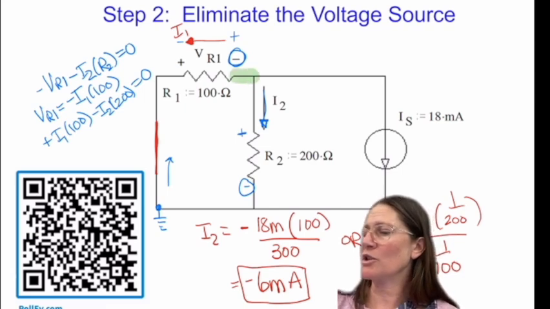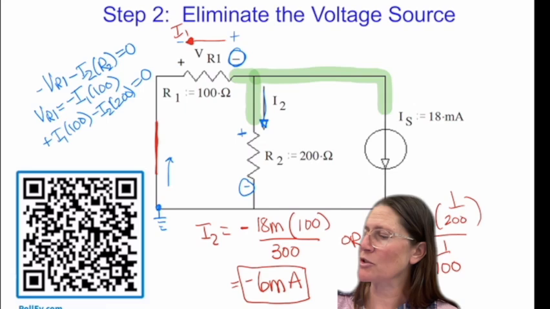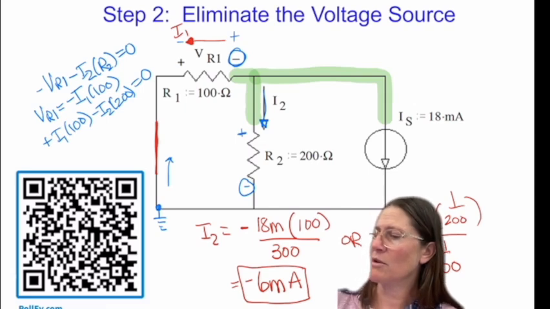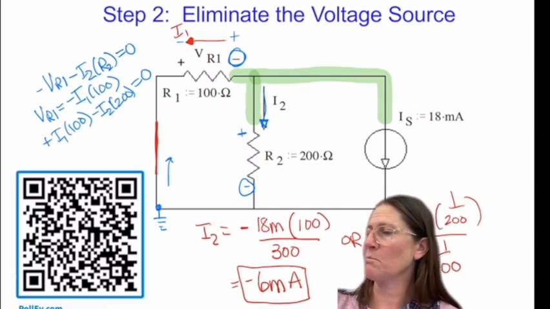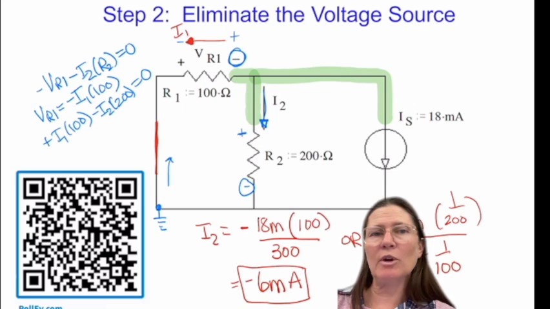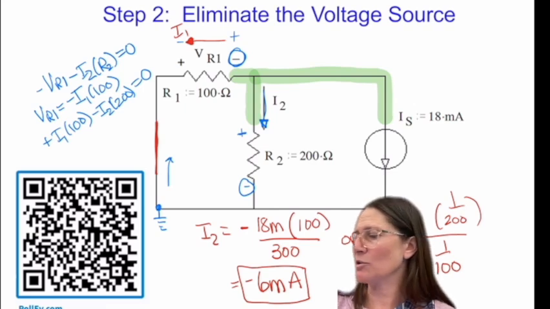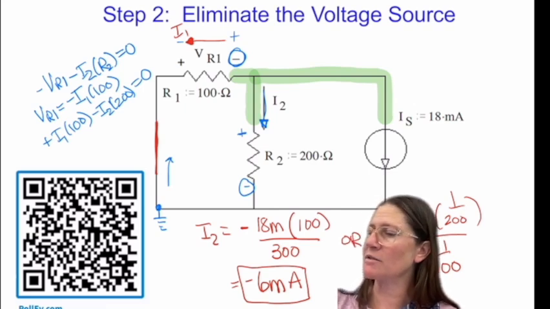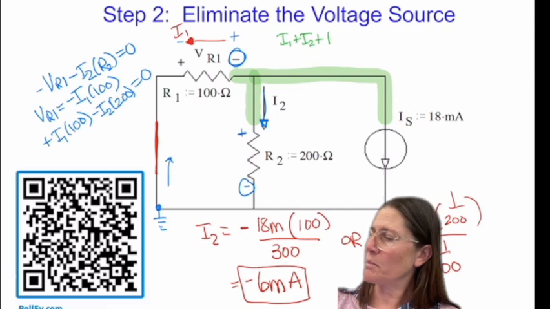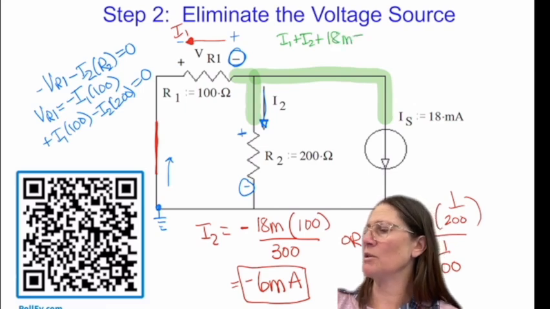The other equation I can get by a current summation in this node, or in the bottom it would be the same. Going out is I1, going out is I2, and going out is IS, so it would be I1 plus I2 plus the 18 milli equals 0.